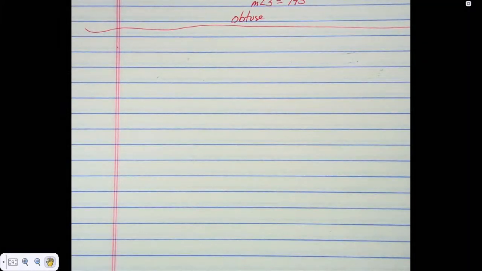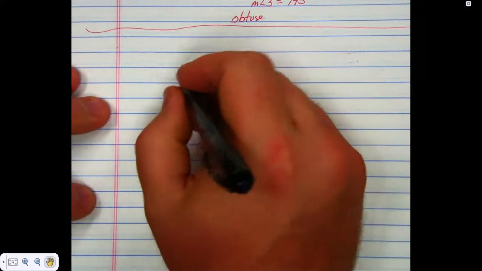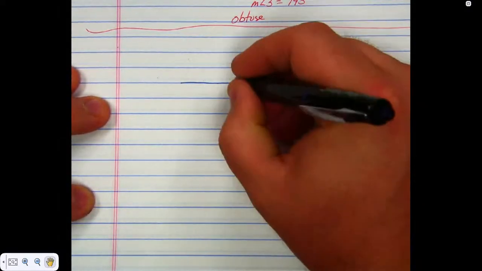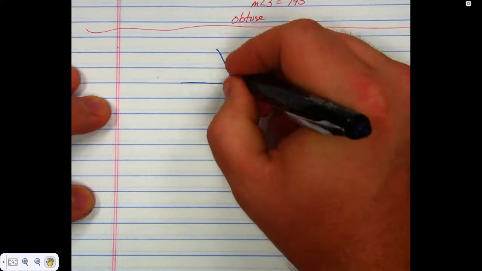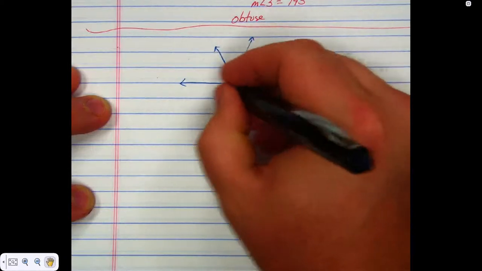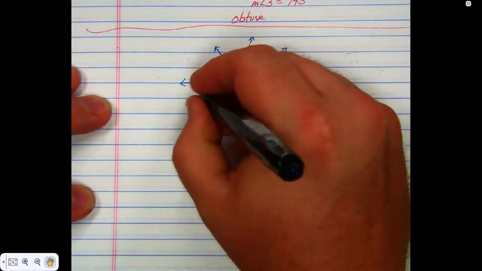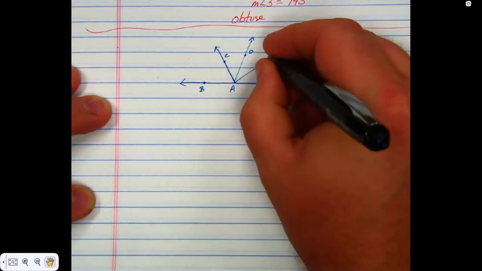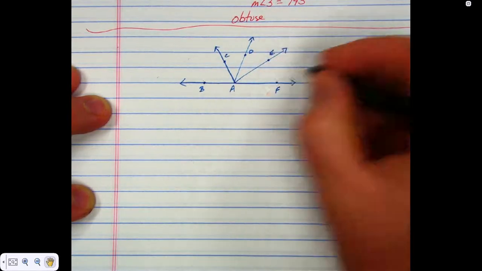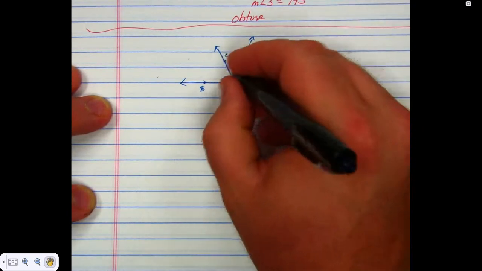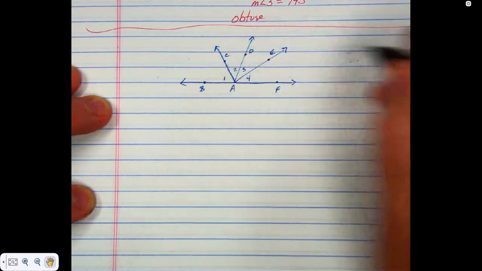One other thing I'd like to talk about is, for some reason, this will mess with people sometimes. You've got a situation like this. Let's call this A, B, C, D, E, and F. Let's call this angle 1, 2, 3, and 4.